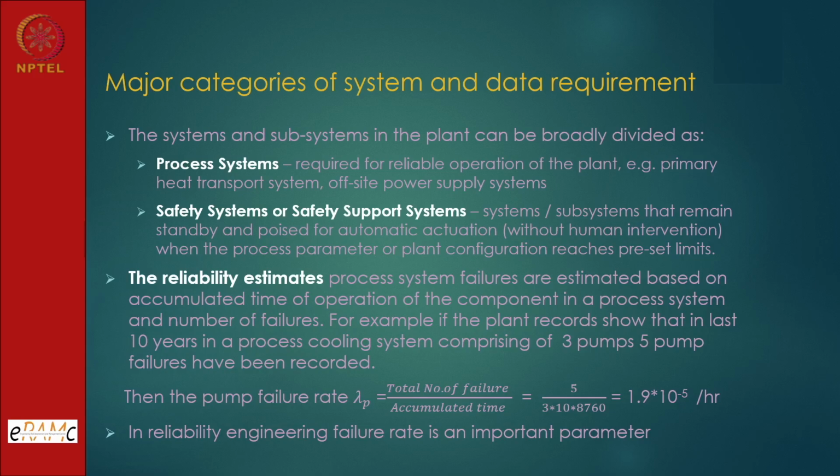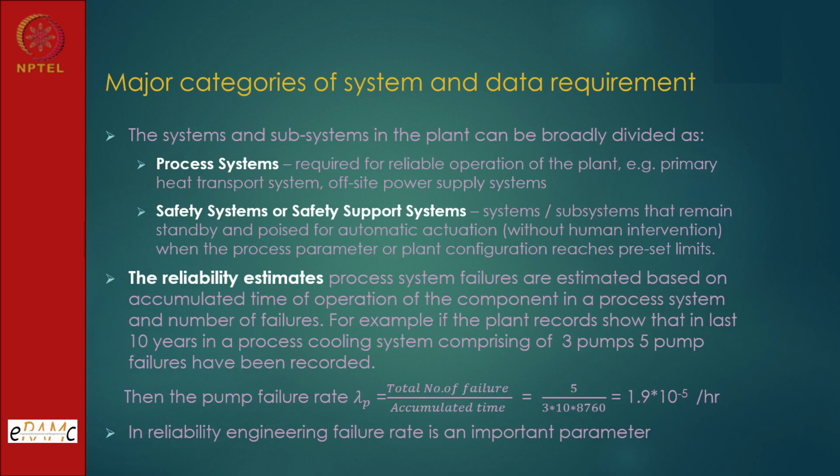Process systems are required for ensuring reliable operation of the plant, and safety systems are required for timely action, and that too without human intervention, because safety cannot be compromised. So automatic actions are taken, and later on human actions are expected, through diagnostics, if any corrective actions are to be taken.